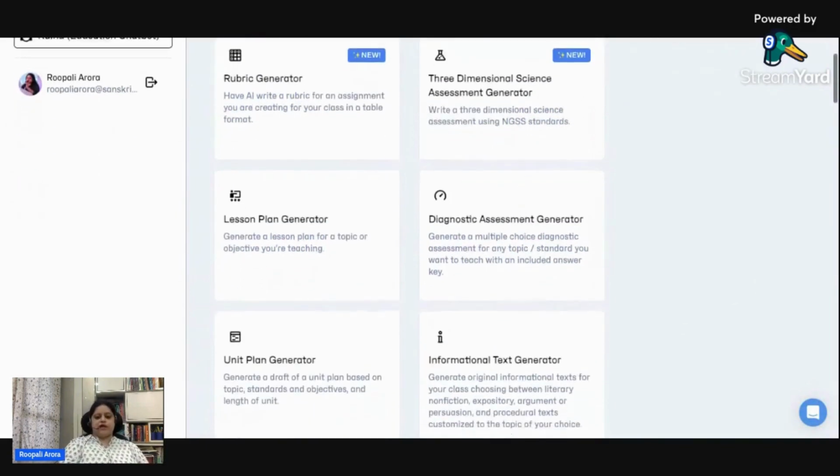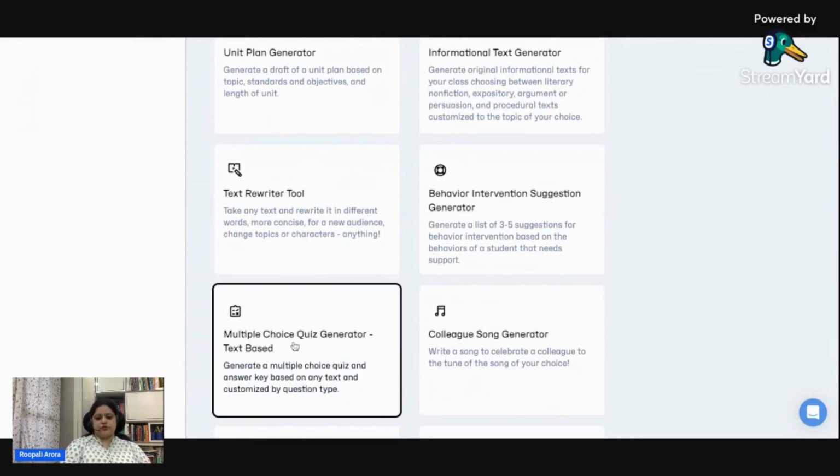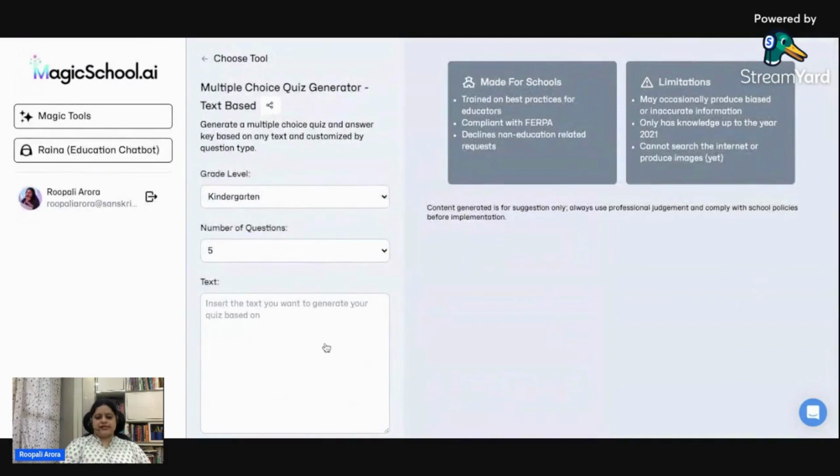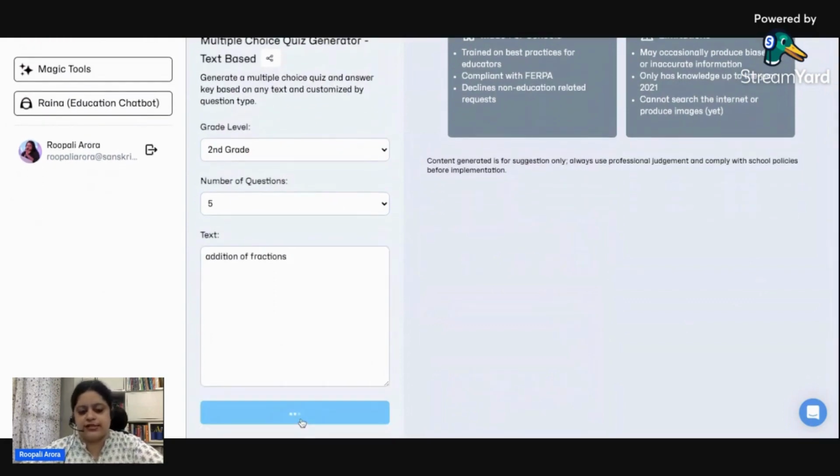So let's scroll down through the different kinds of magic tools and explore the multiple choice quiz generator, which is text based. I can click on the grade level. Suppose I click on the second grade level, I want only 5 questions, and I want the topic to be, say, addition of fractions. And then I click on generate.